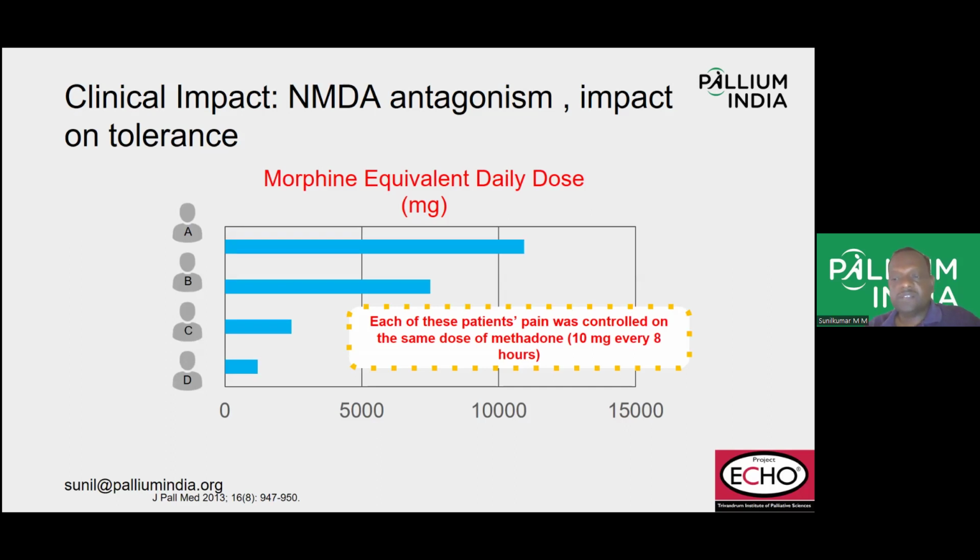So what do you understand from this? Morphine was stopped, and all of them were started on 30 milligrams of methadone per day, and they got good pain relief. What did you understand from this? What's your inference?